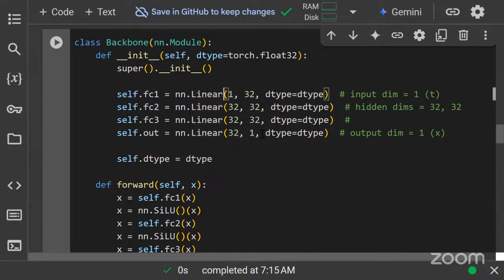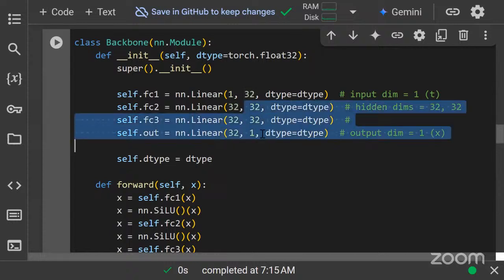The input layer has a 1-dimensional input, which is the time t. And the output layer again has a 1-dimensional output, which is the position x. So what this neural network does is take a time t and make a prediction of the position. That's all it does. In between, we have 2 hidden layers with 32-dimensional feature vectors, or 32 hidden neurons each layer.